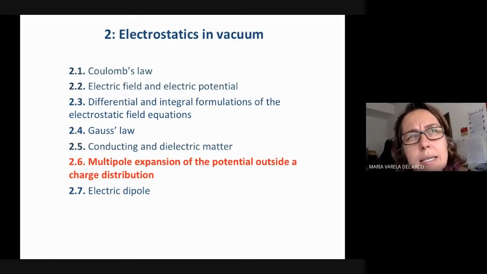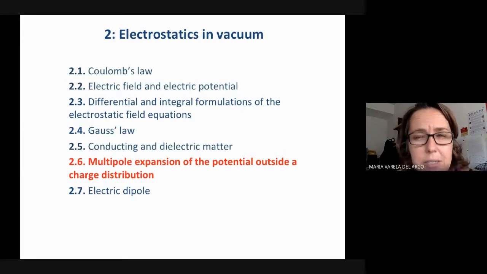Why we do this? Because more often than not in real life, we are dealing with problems in physics, and in particular in electrostatics, where we are really very far away from the sources. What does very far away mean? Imagine that we have a charged body, a body made of atoms. The characteristic radius or length of an atom is of the order of 10 to the minus 10 meters.